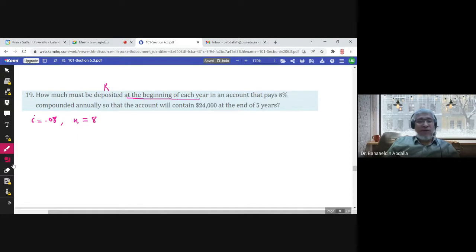At the end of 5 years, the account will contain 24,000. This is S. So the future value is given and we need to find R.